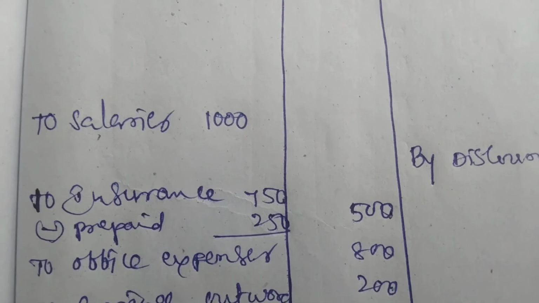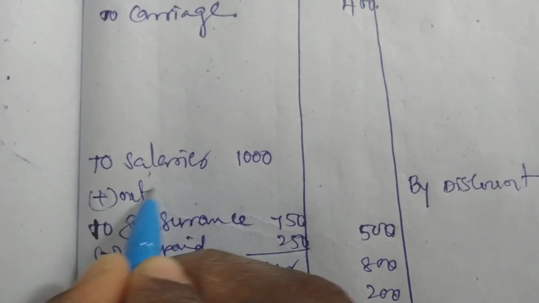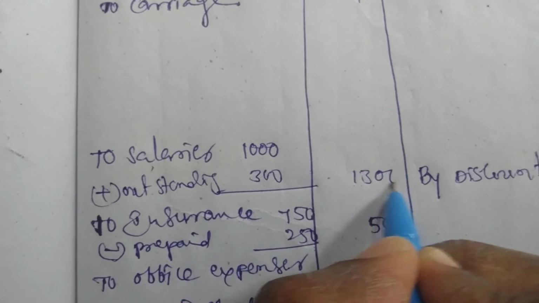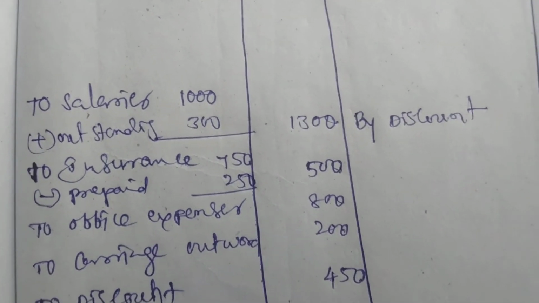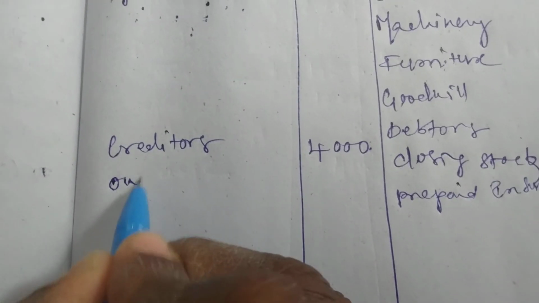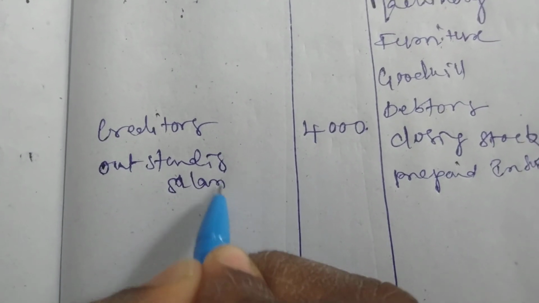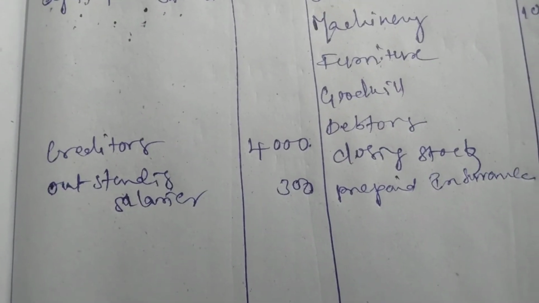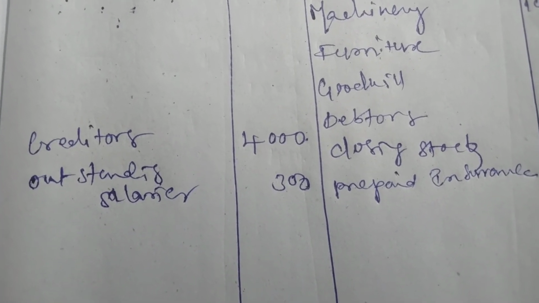So first added to the salaries plus outstanding 300, that is 1300, and next one shown in the liability side of the balance sheet, that is outstanding salaries 300 rupees.